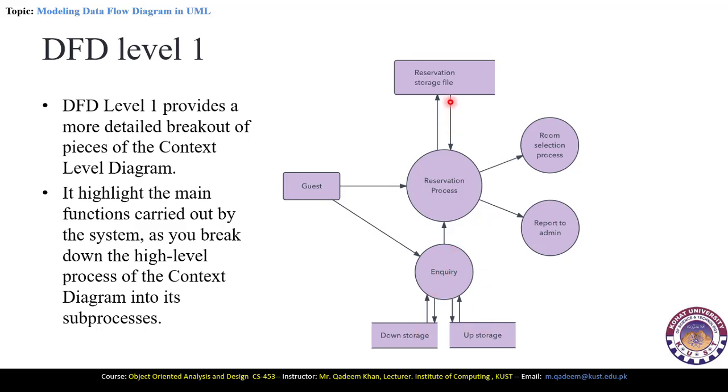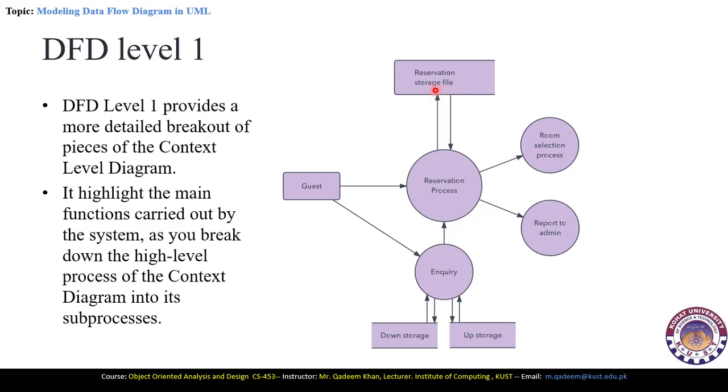Now these are 3 different data stores, and they are different in symbols. Like this is the reservation storage file, meaning that this is the file which can be updated by the guest when he or she is reserving the room. So then the reservation storage file will be updated.